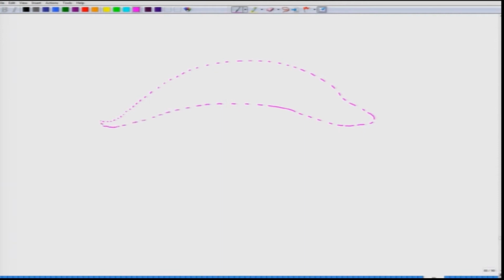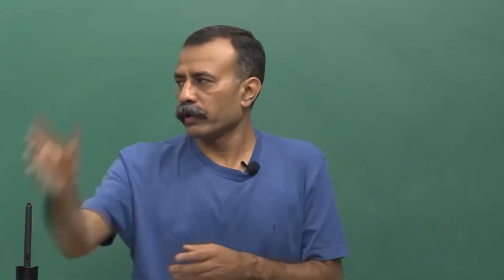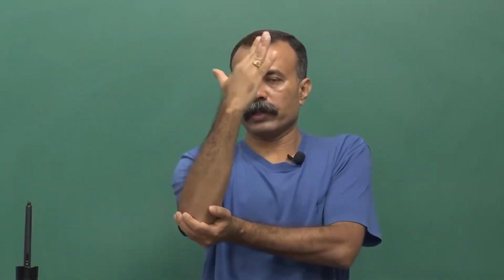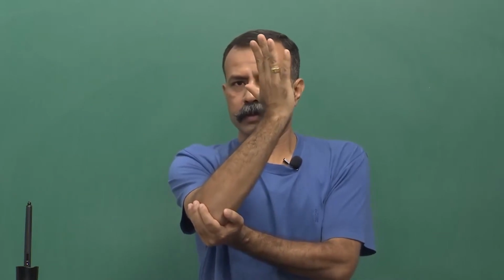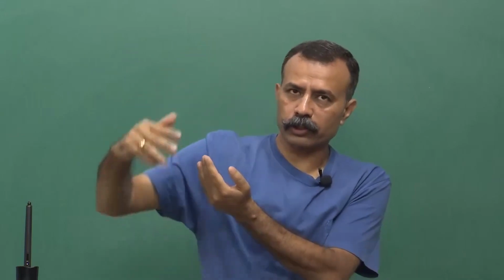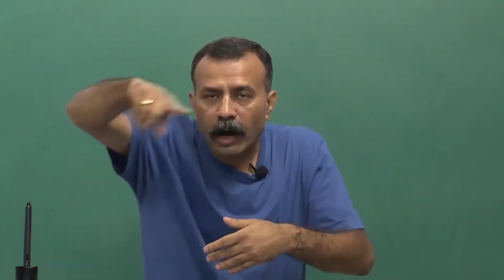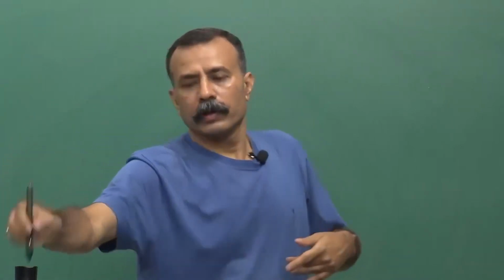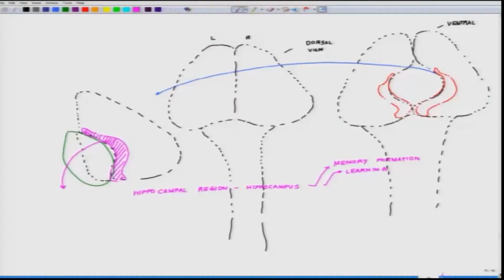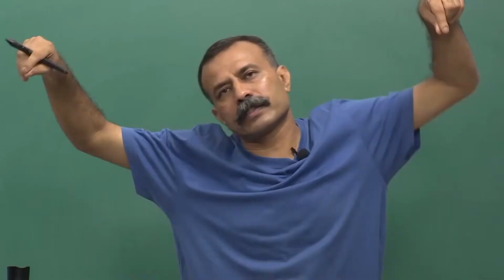So, on the surface, if you look at it from the top, it will look like a curved structure, a half moon kind of shape. This is exactly what I am trying to draw next. It is something like a half moon with a stretch extended likewise.